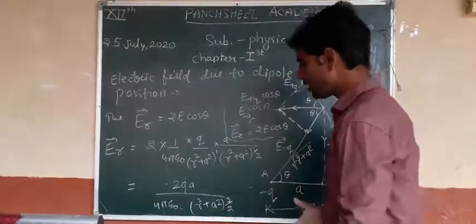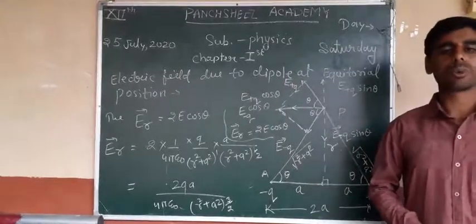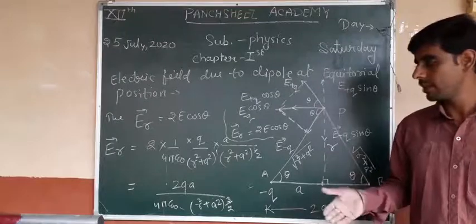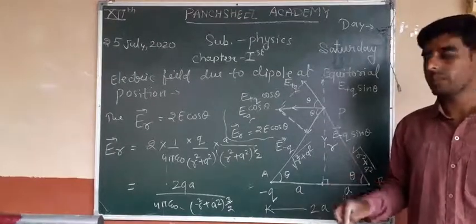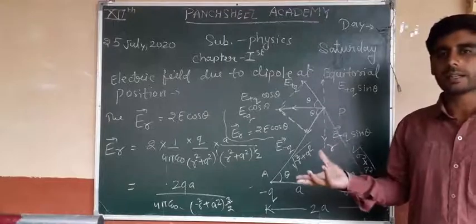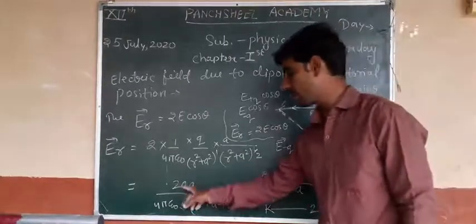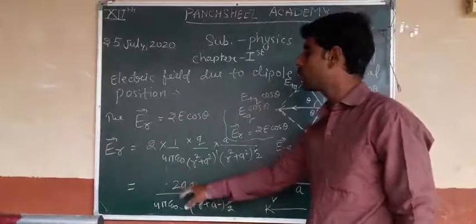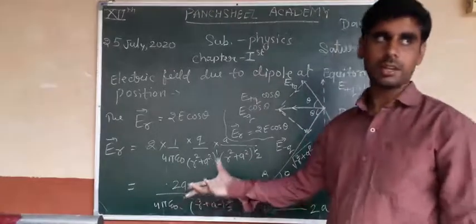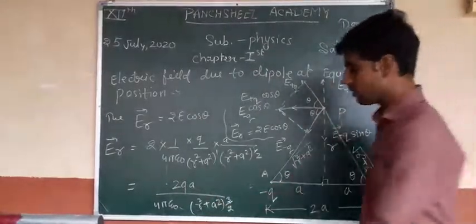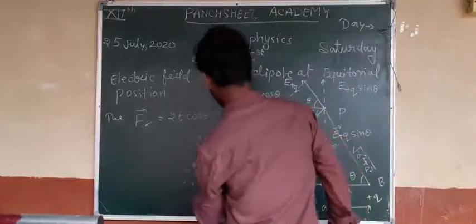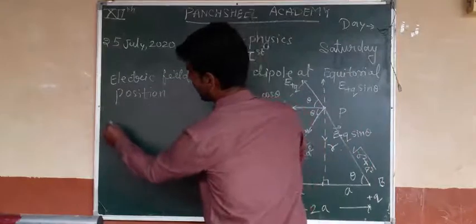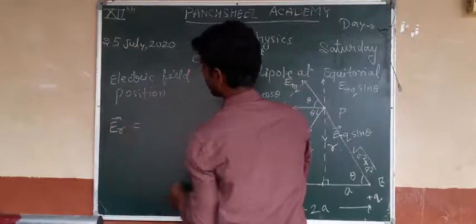Okay, now what is electric dipole moment? Electric dipole moment is P, and it is defined as the product of either charge and their separation. So the separation is 2a and this is charge. So we write P in place of 2qa, because earlier we defined P. Okay, so what is E resultant equal to?